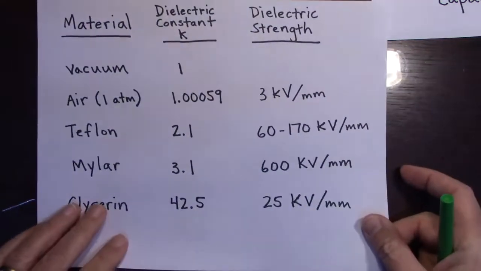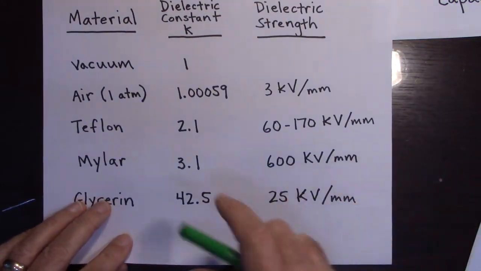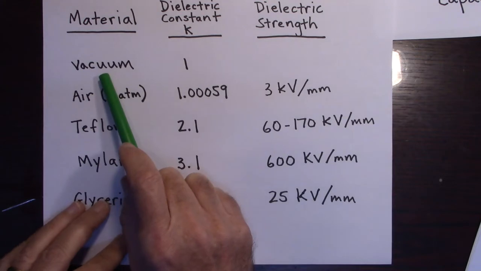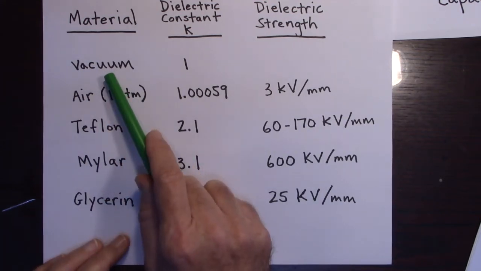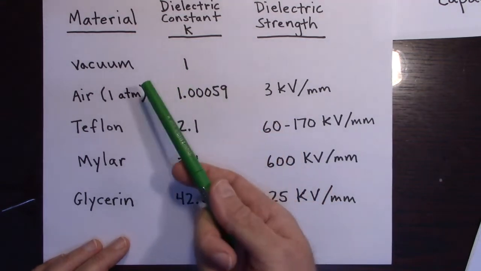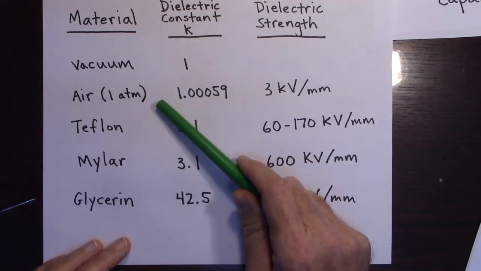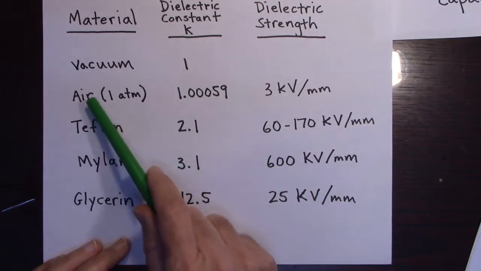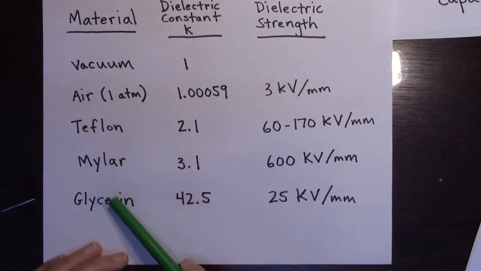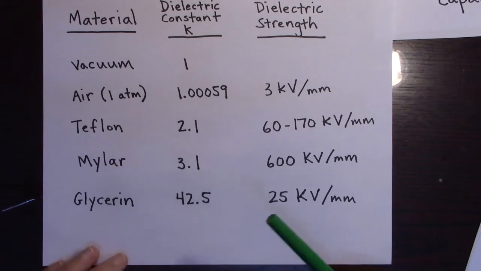All right, so look at this table. If you don't put anything between the plates of a capacitor, not even air, then it's going to have a certain capacitance, and as soon as you put in air or Teflon or Mylar or glycerin, you're going to increase the capacitance.